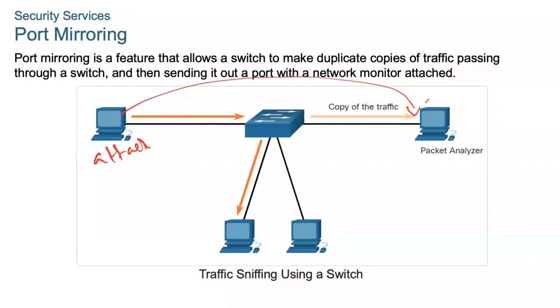Suppose he is trying to attempt to access the bank portal. In the first request, your packet will be captured by the attacker, and that packet will be analyzed by Wireshark or some other attacking tools that we are going to discuss. By using those tools, the attacker will get your credentials: your username, your password.